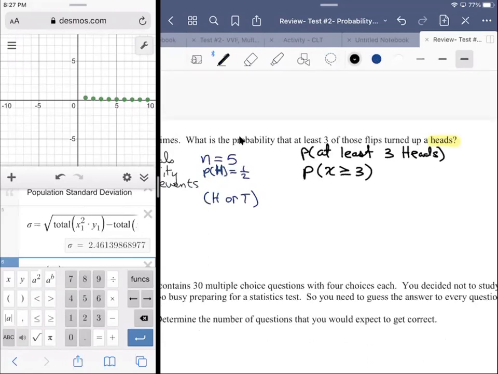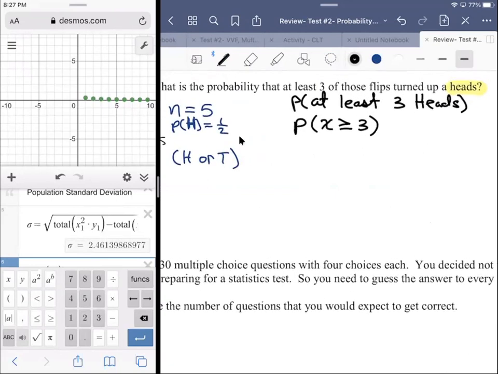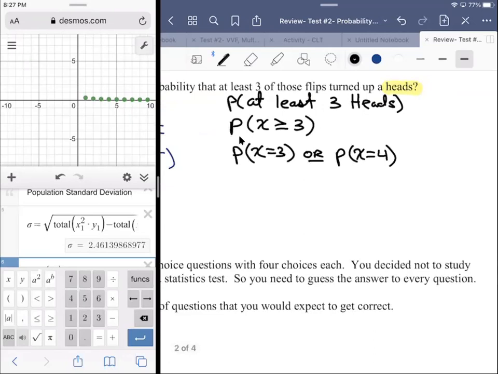Now we're only flipping the coin 5 times. So if X is going to be greater than or equal to 3, that only gives us a few different options. That would mean the probability of X being equal to 3, or X being equal to 4, or X being equal to 5.